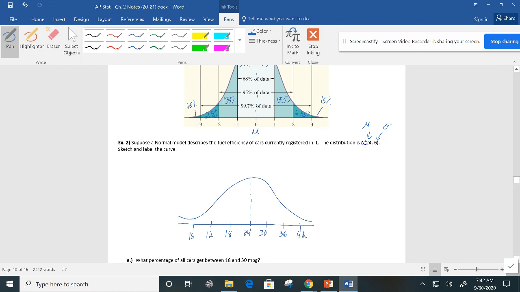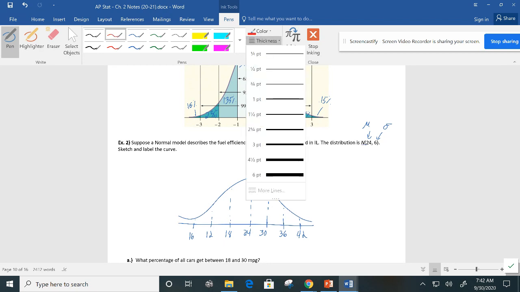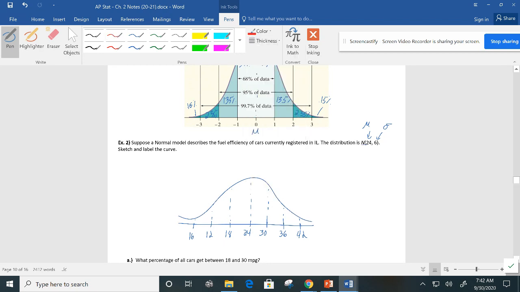Let's fill in the percentages to make our lives easier when we have to answer the questions that follow. We're going to have 34% here, 34%, 13.5, 13.5, 2.35, 2.35, and then 0.15 and 0.15.